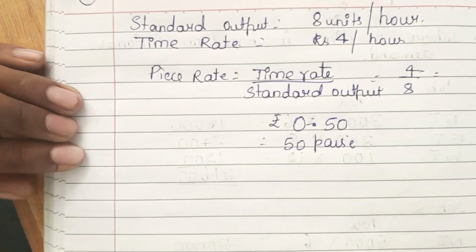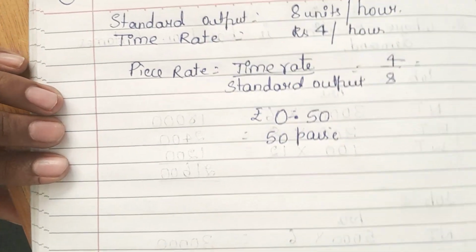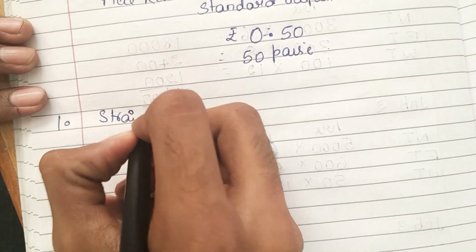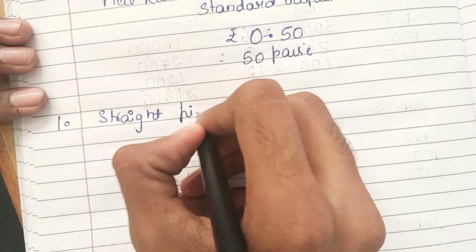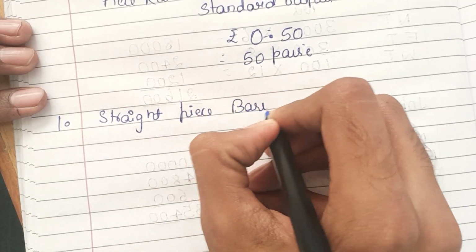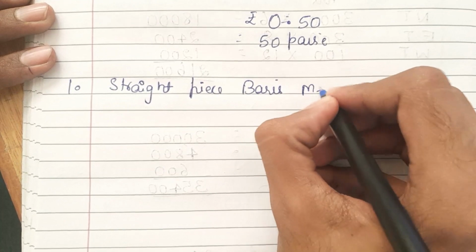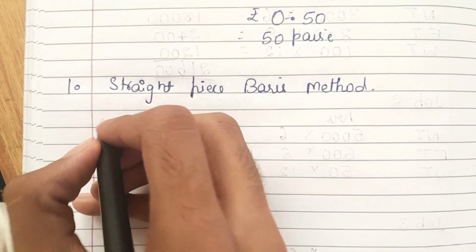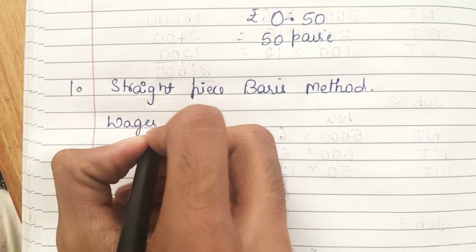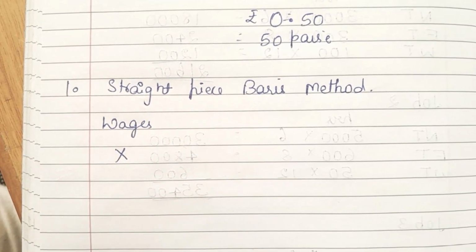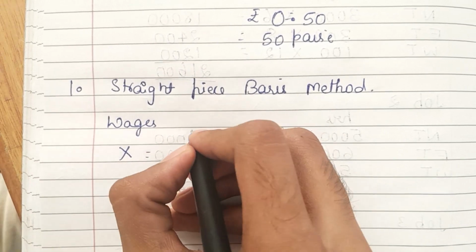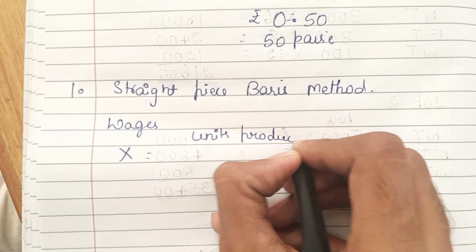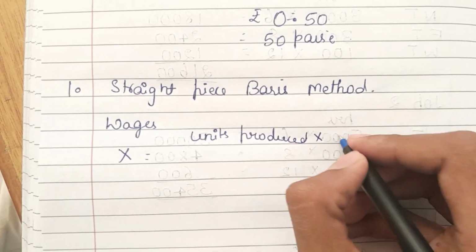Now, in this problem we need to solve using two methods. First, let us try to solve this using the straight piece basis method. Here we first calculate the wages of X. The formula will be units produced into rate.